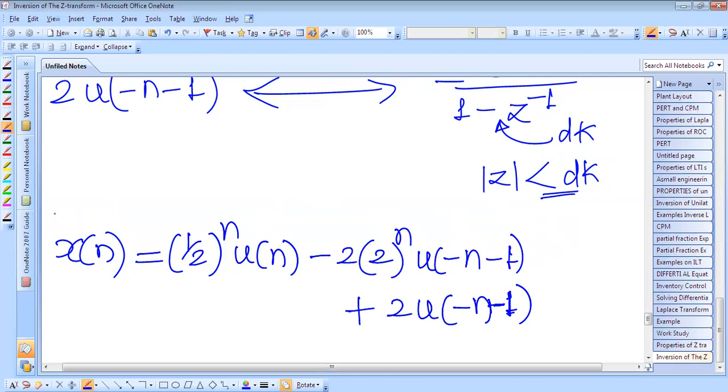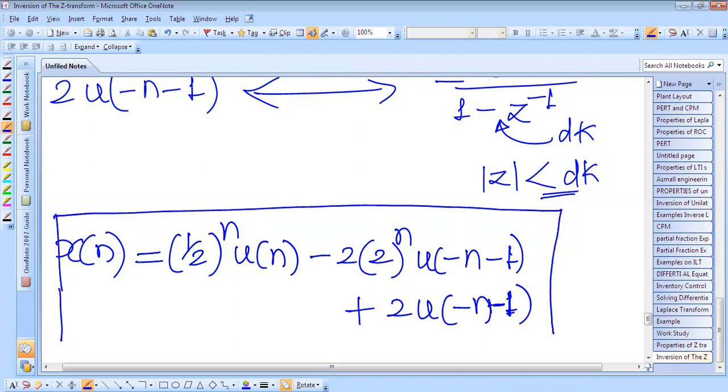This is the inverse Z transform of the given function.